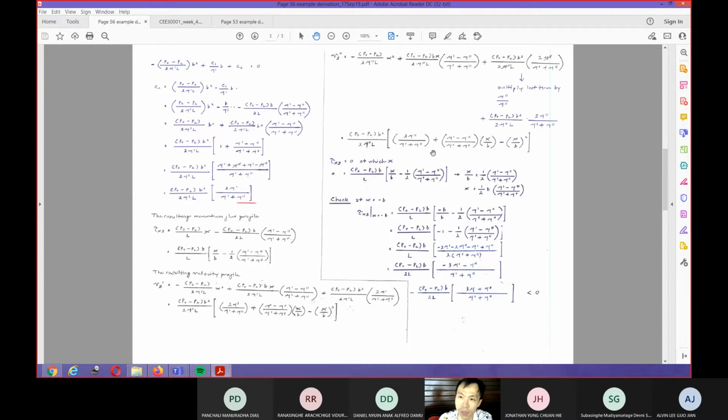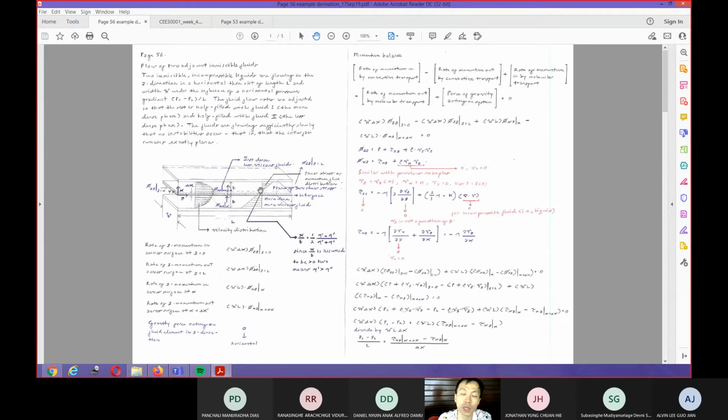Okay. Now, once you recover these, you will be able to get the VZ1 and then the VZ2. Then from intuition, we will know that the velocity will be maximum at one particular point in between x equals minus b and x equals b. That particular point will be the point where the shear stress will be equal to 0, right?